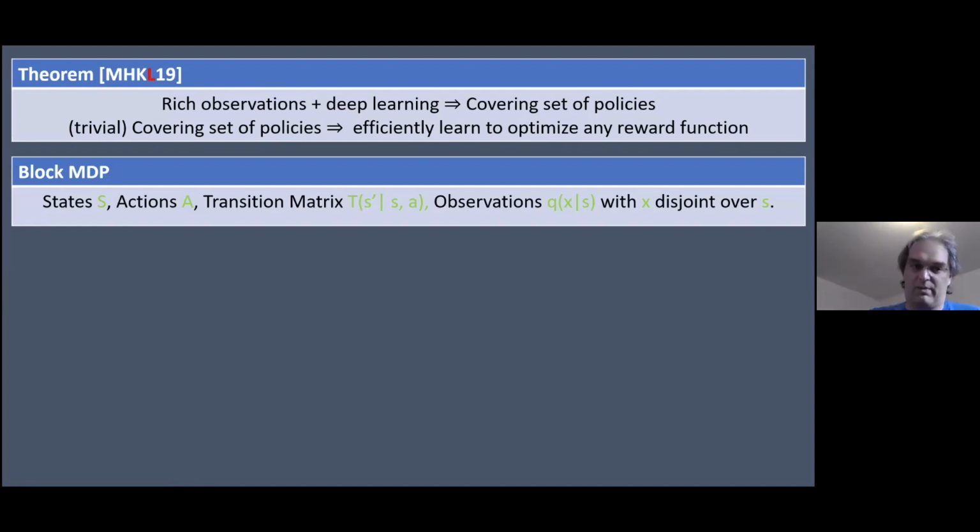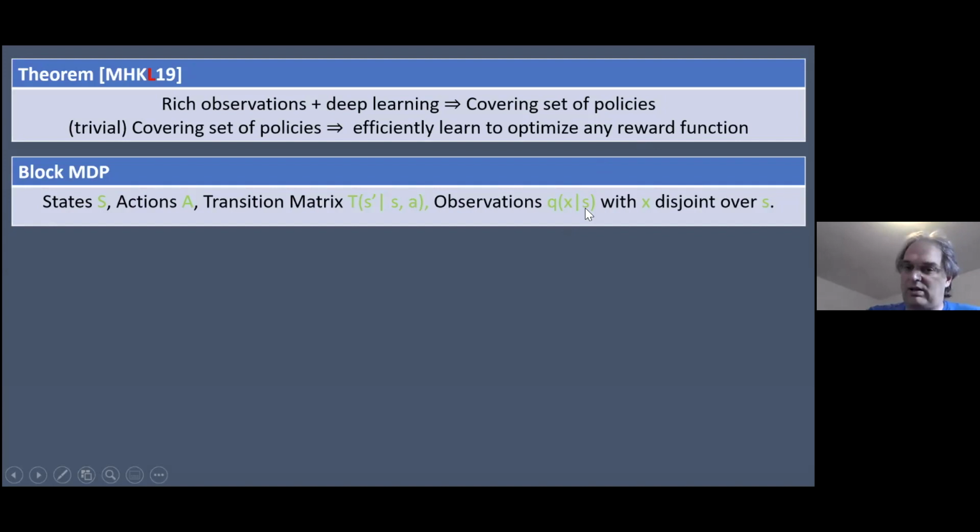The model that we're thinking about is a block MDP. And in a block MDP, you have states and actions in a transition matrix, just as in a normal Markov decision process. But you also have an observation process, Q, over your observations given the underlying latent state.